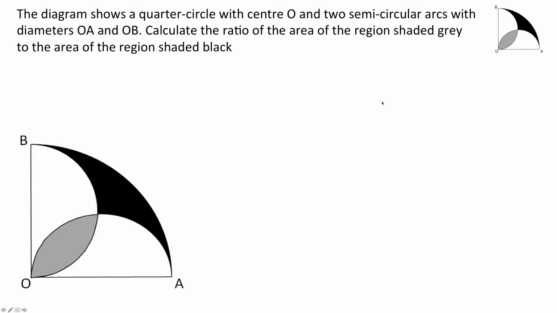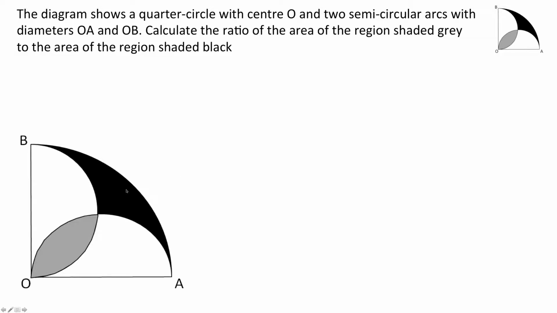Yeah, so now this seems to be a very difficult problem, because the gray region and the dark shaded black region are not regular shapes. We can't have a formula for it, unlike a square or a rectangle or a circle or a triangle or a right angle triangle, wherein you know how to find their areas.